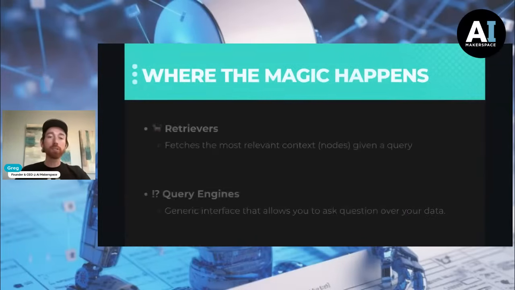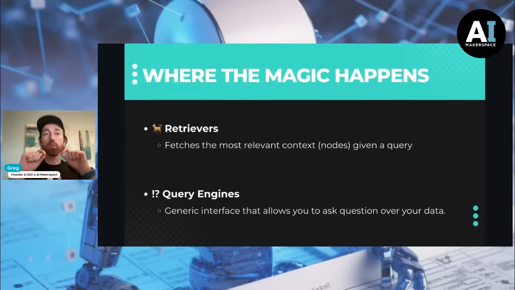Lastly, it's important to understand in LlamaIndex that the retriever and the query engine are really the things that, this is where the magic happens in LlamaIndex. So what you want to think about is that retriever that helps fetch the most relevant nodes, and the query engine that is allowing us to sort of interface.